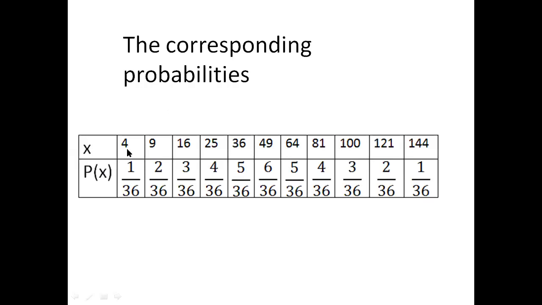That is, P of 4 equals 1 by 36, P of 9 equals 2 by 36, P of 16 equals 3 by 36, P of 25 equals 4 by 36, P of 36 equals 5 by 36, P of 49 equals 6 by 36, P of 64 equals 5 by 36, P of 81 equals 4 by 36, P of 100 equals 3 by 36, P of 121 equals 2 by 36, P of 144 equals 1 by 36.